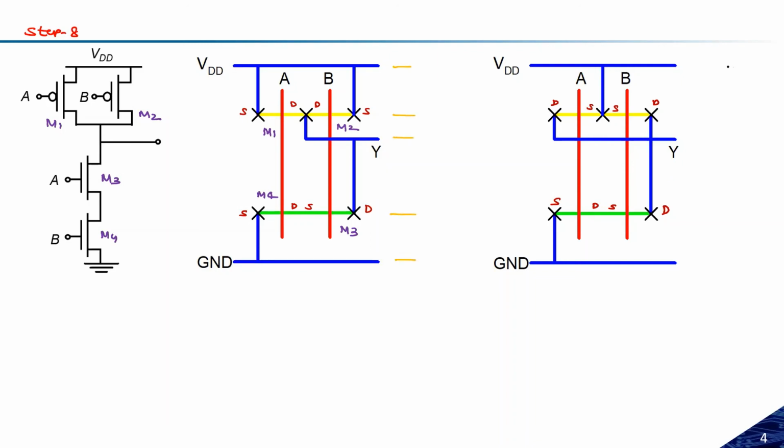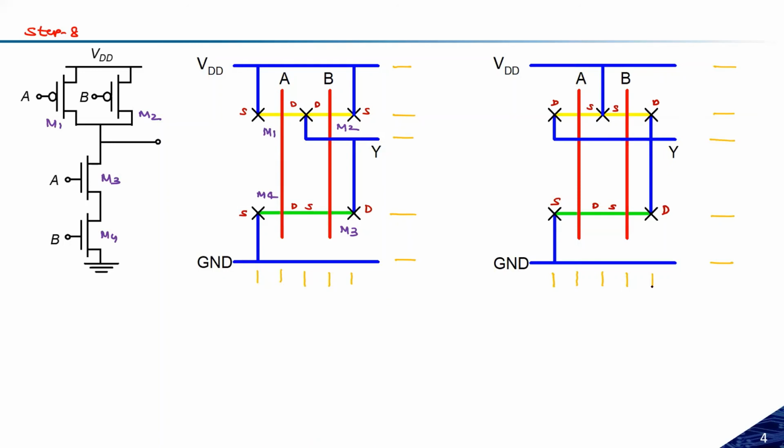In the second diagram, we also have 1, 2, 3, 4, and 5. So in the horizontal direction, there is no problem. In the vertical direction, I have 5 layers in both. By seeing both layouts, I can conclude that there will be no area difference. Both layouts will require equal area.